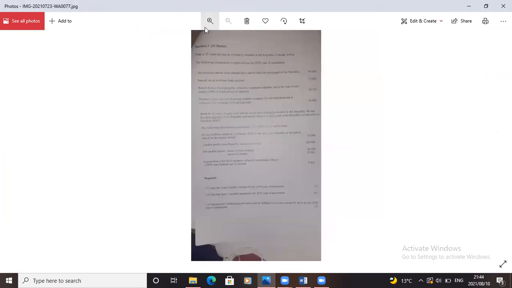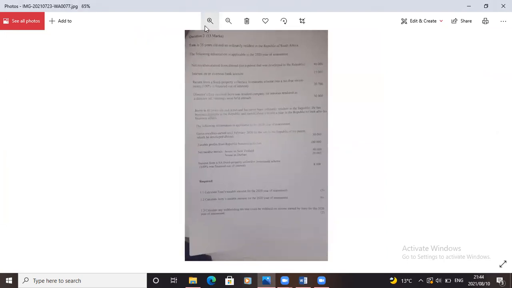The last question we have is question 2. It talks about Tom and Jerry. Tom is a resident and Jerry is a non-resident. Remember, residents are taxed on their worldwide receipts and accruals, then non-residents are taxed on receipts from a source within South Africa.